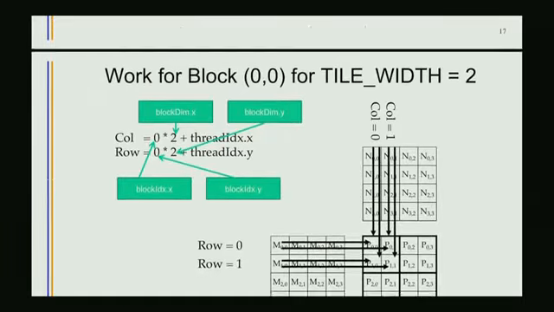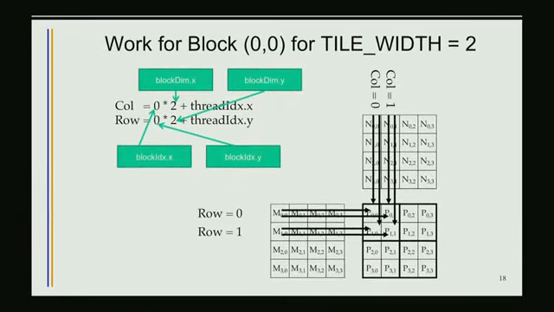Let me give you a few examples. Okay. So we've got this thread block trying to calculate P00 and P01 and P10 and P11. And at this point, let me emphasize, what I'm just trying to do is enable each of these threads to figure out what their output coordinates are.